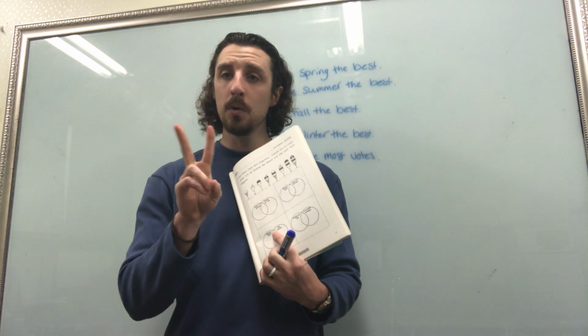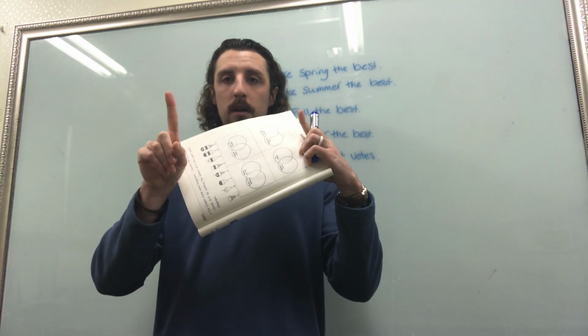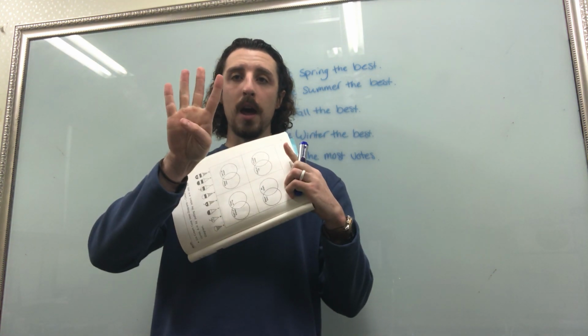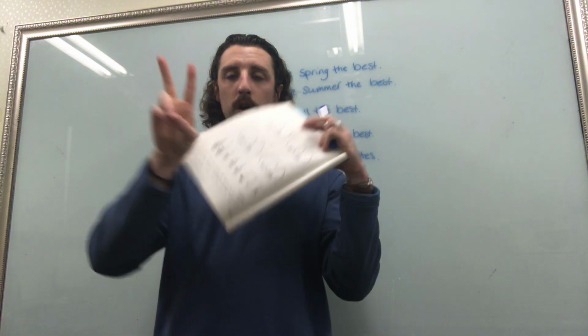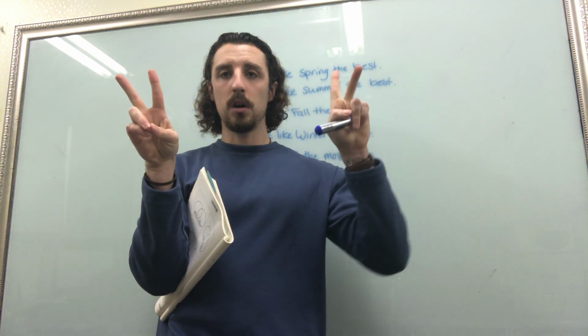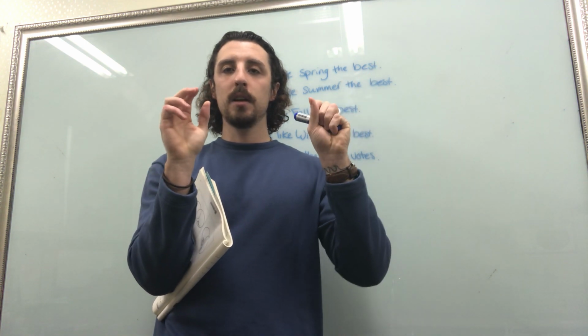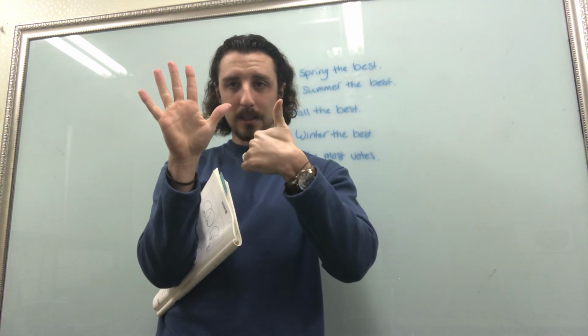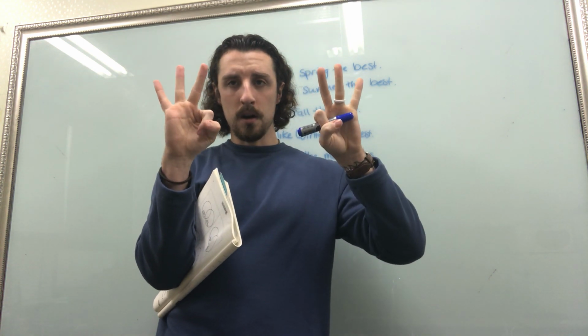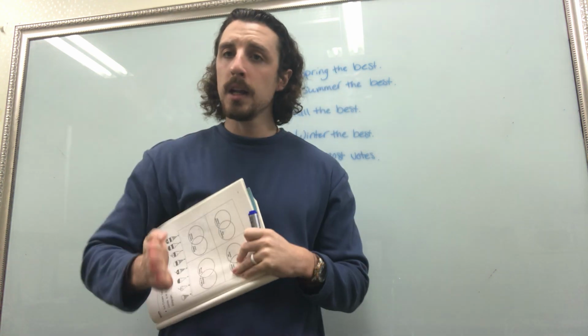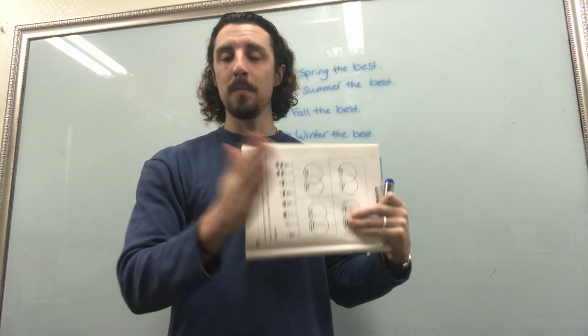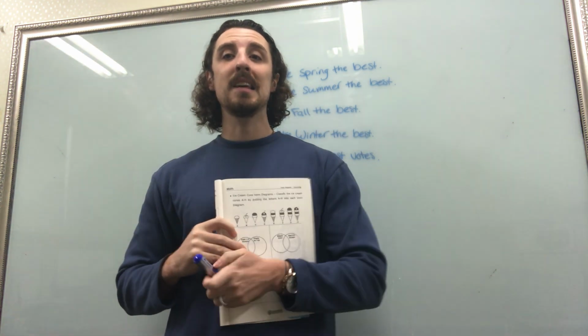So if I cut 2 in half, I get 1 on each side. If I cut 4 in half, I get 2 on each side, okay? If I cut 6 in half, I get 3 on each side, okay? So if I can cut it in half and both sides are the same, then it is even.